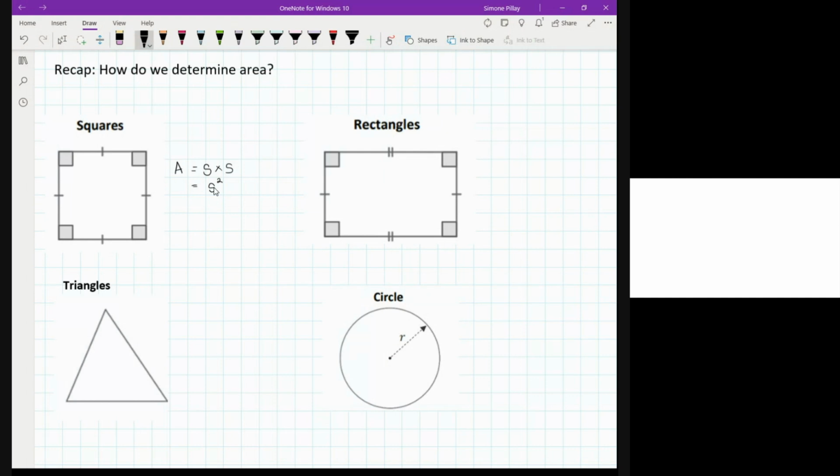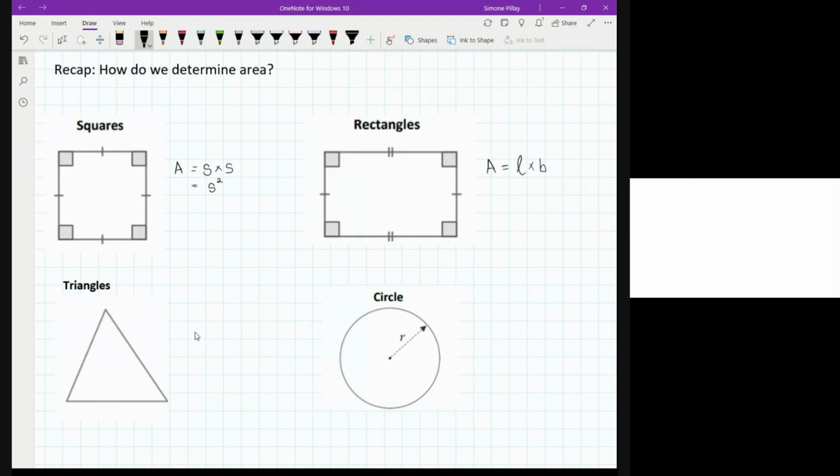When we are looking at calculating the area of a rectangle, we know in a rectangle, we have two different lengths. So we have these two sides that are equal and we have these two sides that are equal. So we can't just say side times side because when we use the same variable, it implies that they are the same length. So what we're going to do now is we're using two variables which are different to each other, and that is length times breadth.